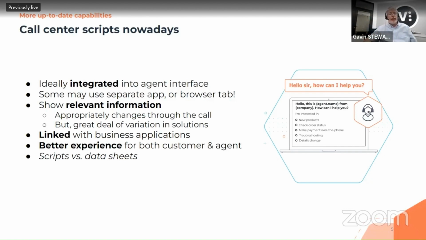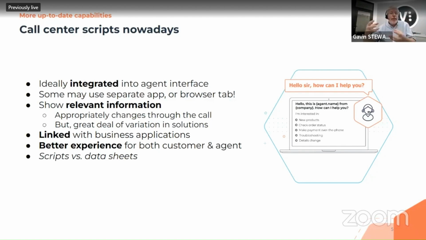Of course, we've got many business applications. Maybe the most common one is a CRM, customer relationship management. And we can benefit by linking CRM or other business applications to the script, because there's information you can pull and pop onto the screen of the agent or put in front of the agent at the appropriate instance. Or you could push information from the script or from maybe the disposition that the agent sets.